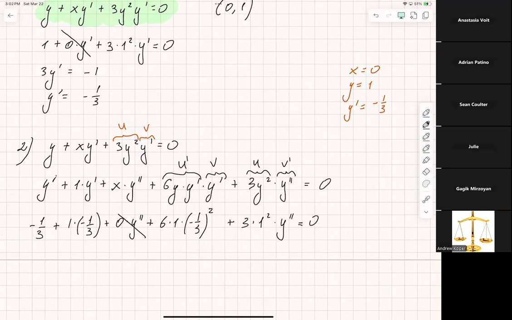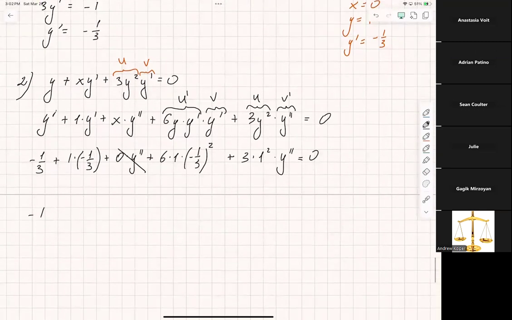And we have here -1/3 minus 1/3 plus, no, yeah, plus. So this is going to be +1/9, right? So that's going to be plus 6/9 for now, plus 3y double prime equals 0.